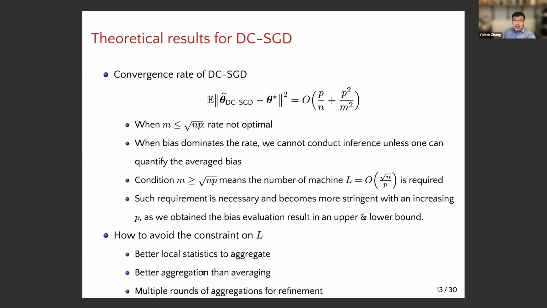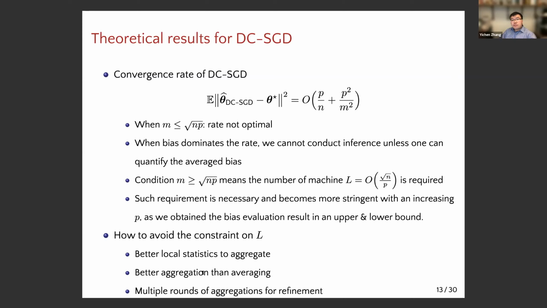And when bias dominates the rate, we cannot conduct inference unless one can carefully quantify the average bias. Such a condition is almost necessary, and we build that in the paper, but I would not have time to talk about that here.